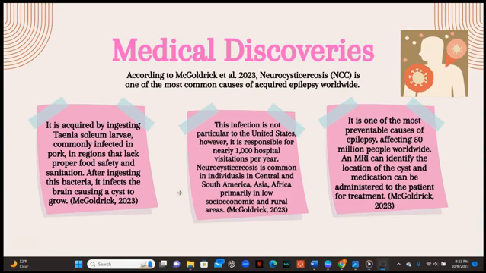It affects 50 million people worldwide. Through the use of an MRI, we can identify the location of the cyst, and medication can be administered to the patient for treatment. It's crazy to think that eating something can cause you to have epilepsy.